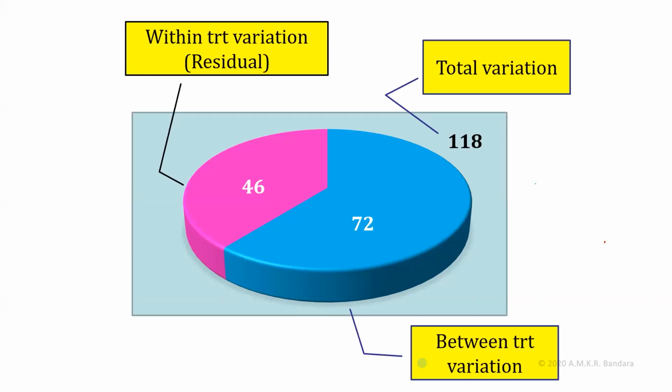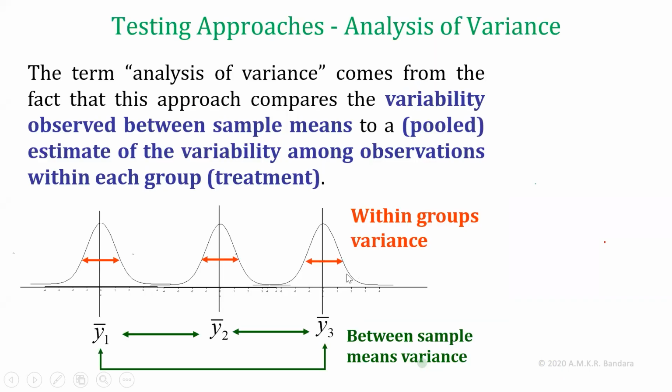So in order to test whether in the population also the between treatment variation is larger than the within treatment variation, we have to do a statistical test. The test used to compare two variabilities we call the F-test. In the F-test, what is it doing?